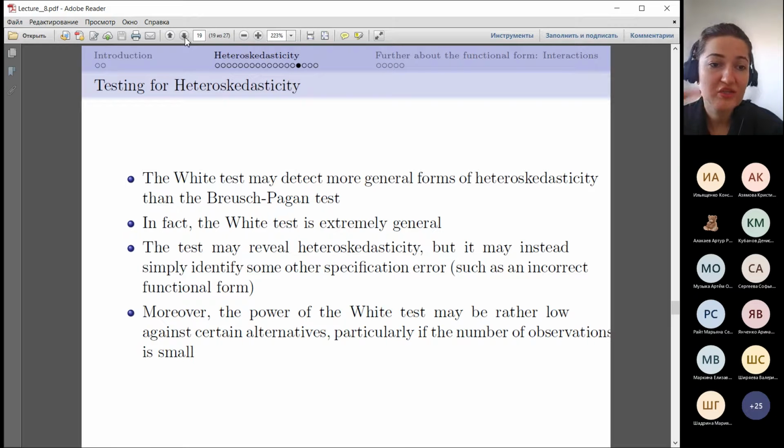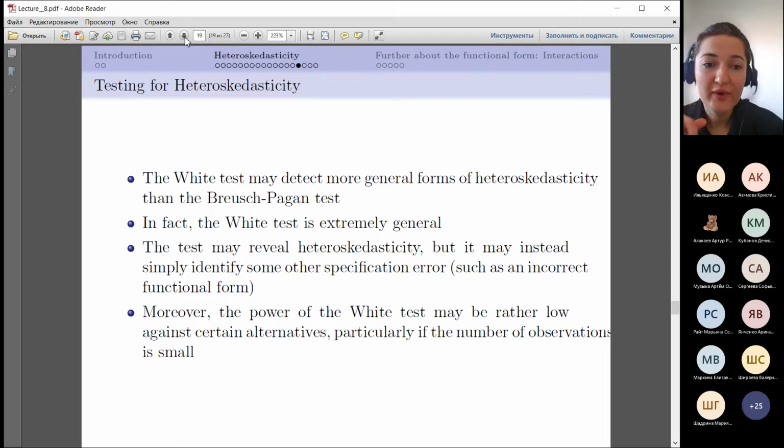We just discussed 2 of them, Breusch-Pagan and White test, and you also used the same test for detecting the heteroscedasticity presence in your model when you worked in Stata in your seminars. But you can find more tests that you can use for detecting the heteroscedasticity.